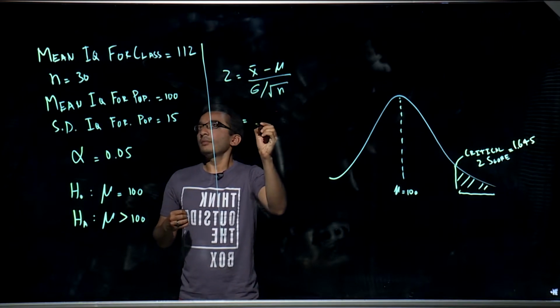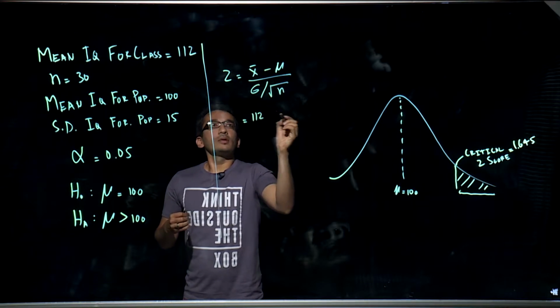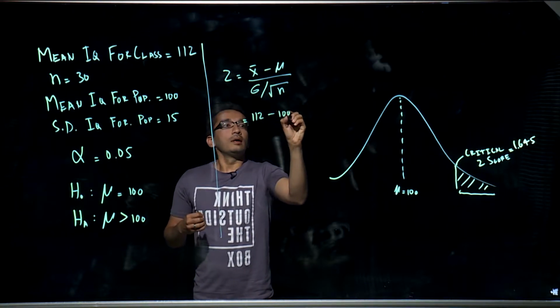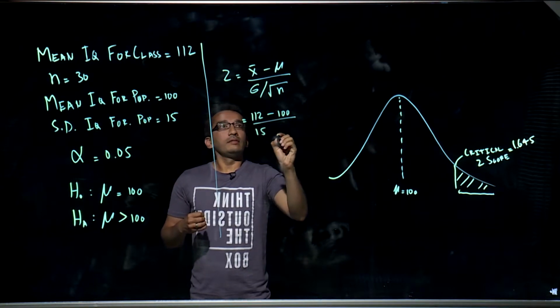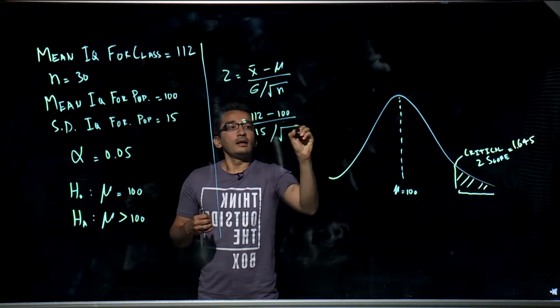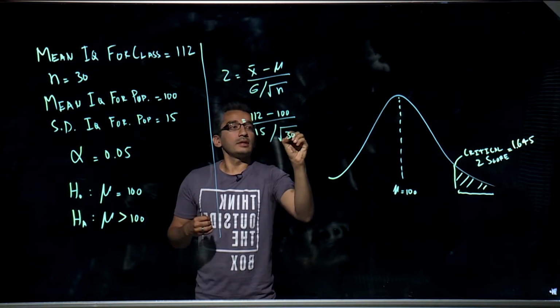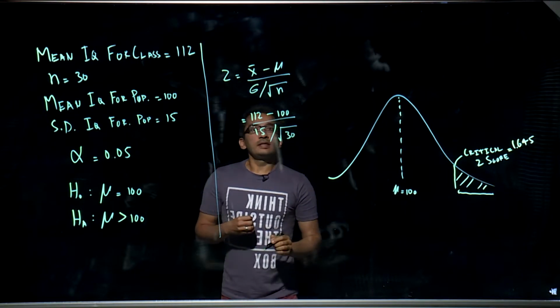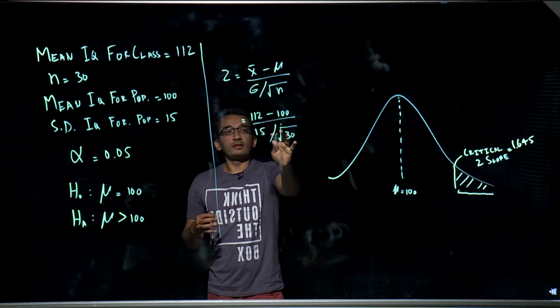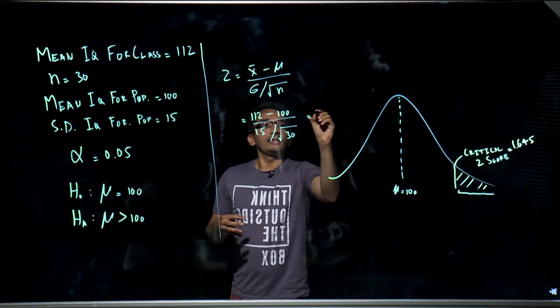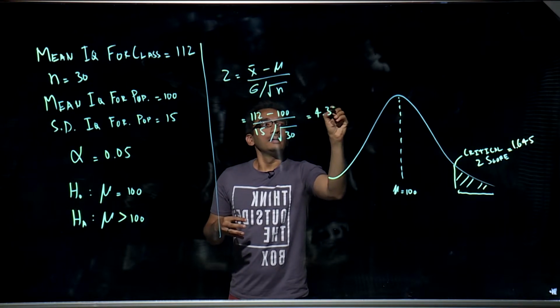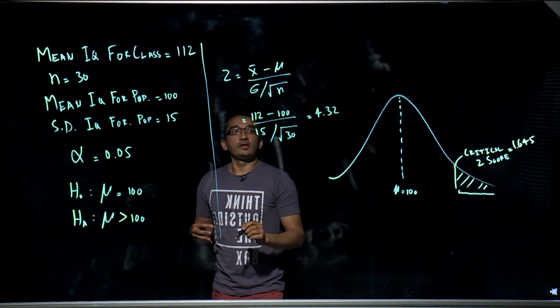Just plugging in the numbers, we have 112 as x bar, 100 as mu, 15 as the standard deviation of the population, and our sample size is 30. If we put all these numbers in the calculator, we will get 4.32 as our z-score.